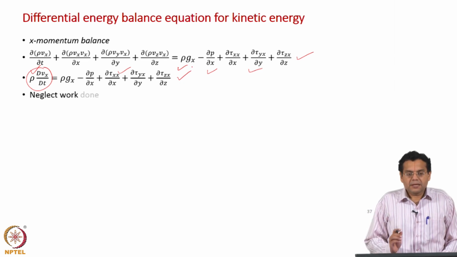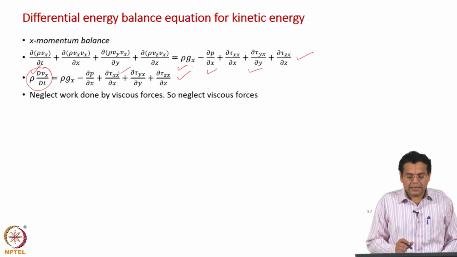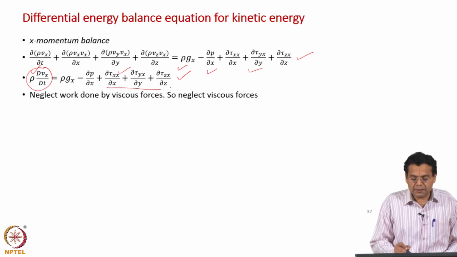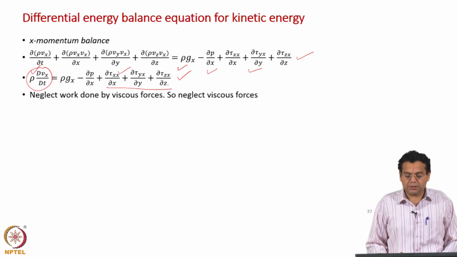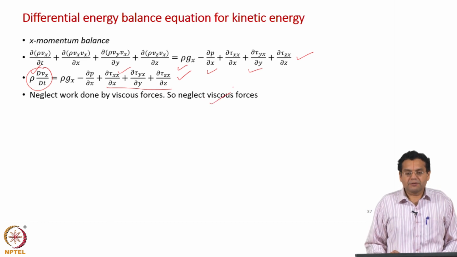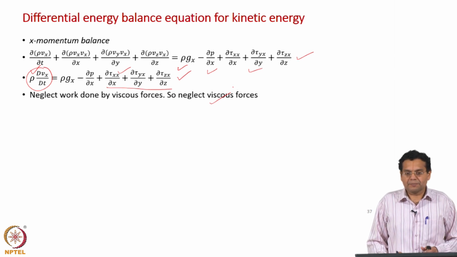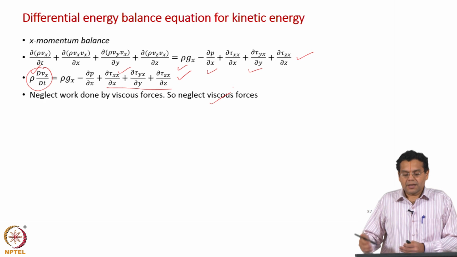Now, we have just discussed that we have neglected the work done by viscous forces. So, in the linear momentum balance equation also, to proceed further, we will neglect the viscous forces on the right hand side and keep only the body force and the surface force due to pressure, so that it is in line with our assumption.